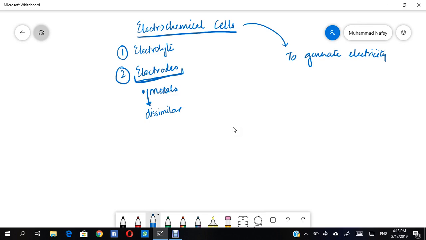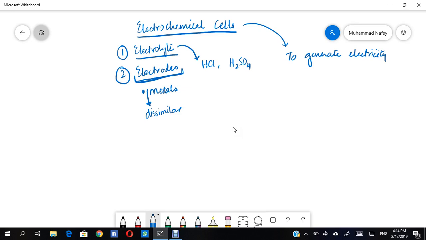Mostly the electrolyte that we use is an acid, for example HCl, H2SO4, or so on. In fact, you might have seen batteries at your houses: the batteries in cars, in generators, and in UPS.